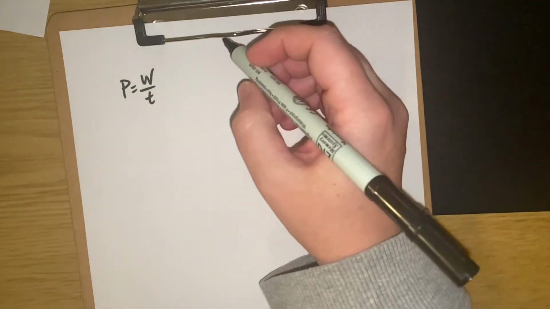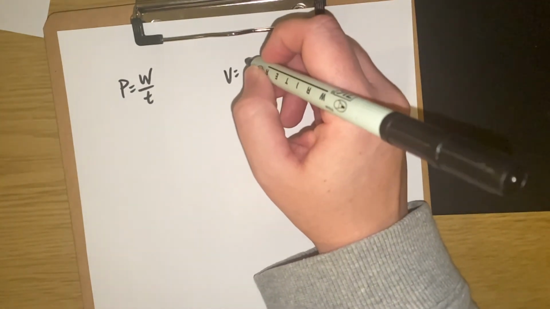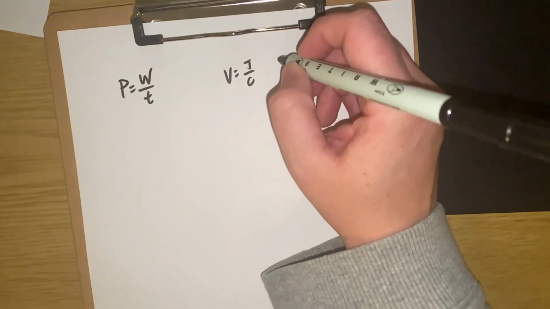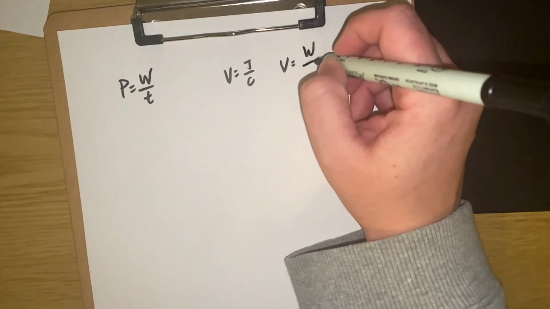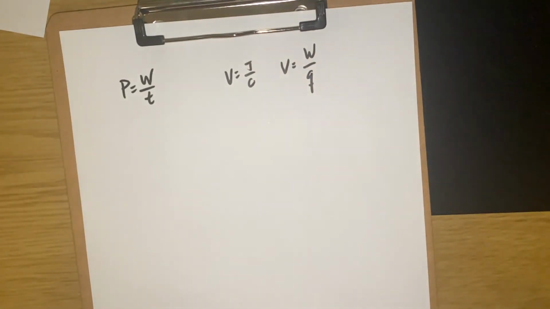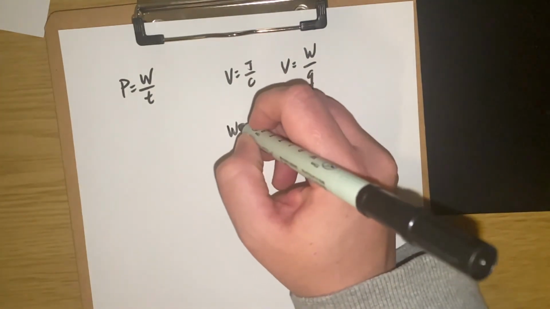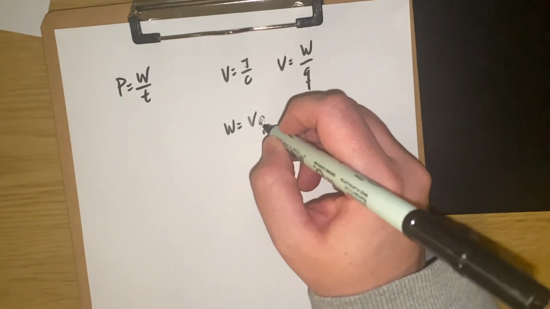When we're talking about the work that's done on a charge, we know that voltage, if we talk about volts, is joules per coulomb. So voltage is equal to work divided by the charge, the amount of work per charge. We can rearrange that and multiply both sides by Q, to get work equal to our voltage times our charge.